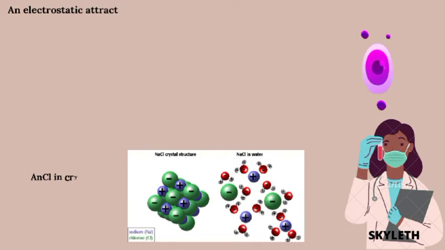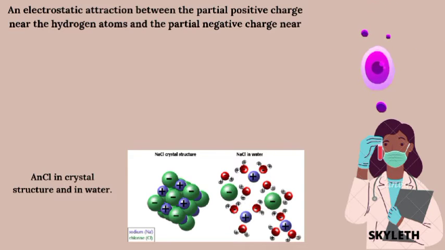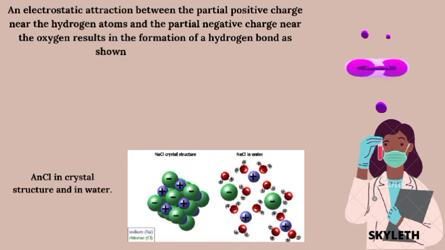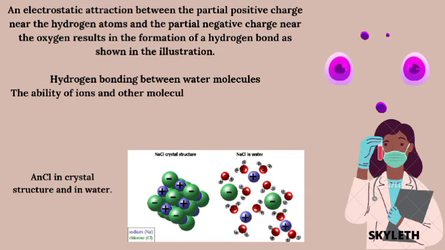An electrostatic attraction between the partial positive charge near the hydrogen atoms and the partial negative charge near the oxygen results in the formation of hydrogen bonds, as shown in the illustration.